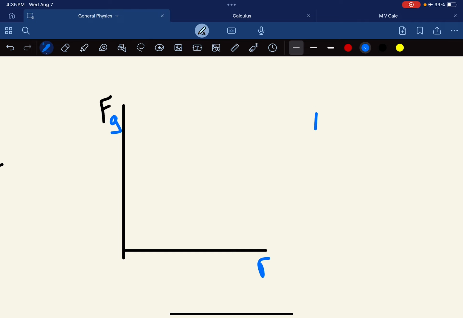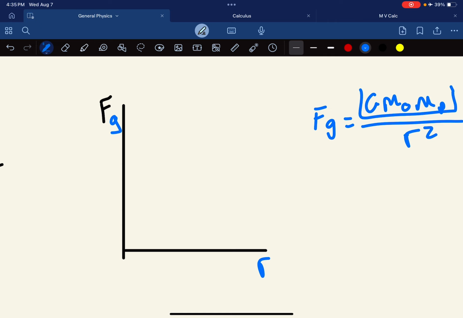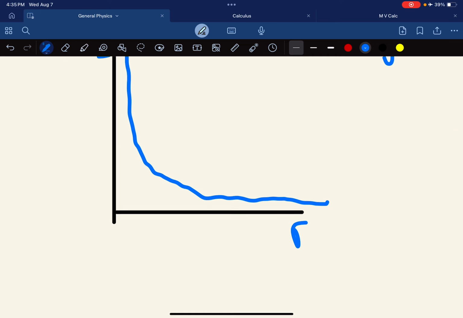So since we know Fg equals G times the mass of the object times the mass of the planet divided by the radius squared, and this is all a constant with respect to the radius, this is going to be similar to the graph of 1 over x squared, but however we're just using r.